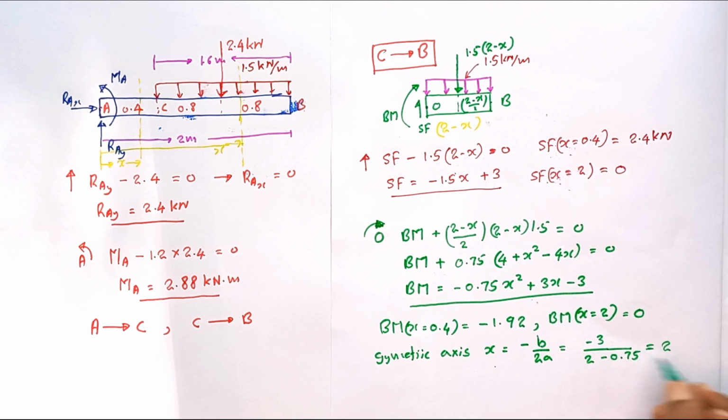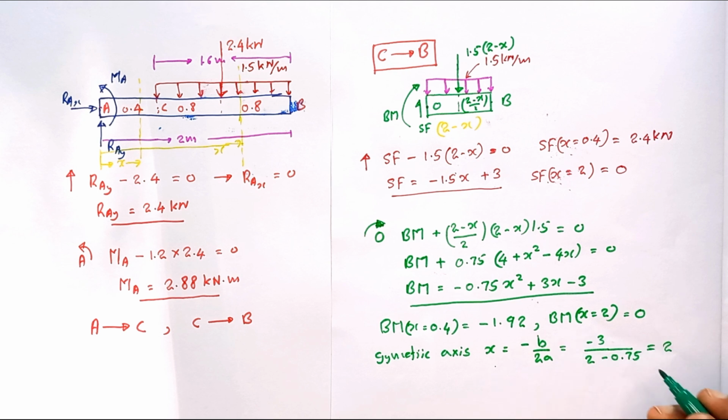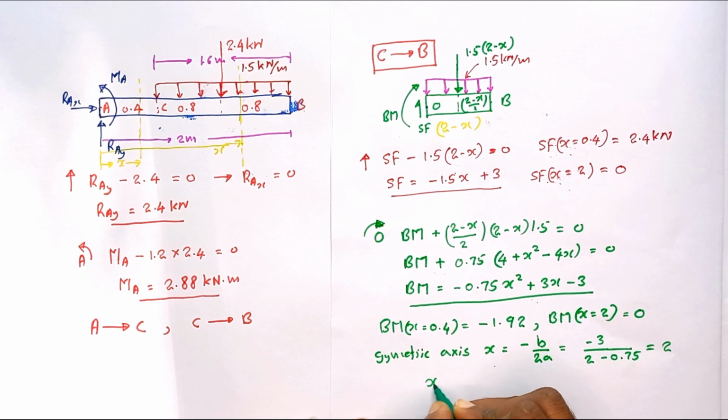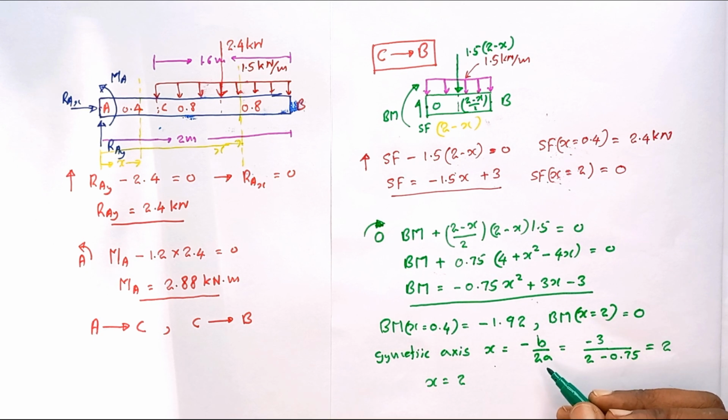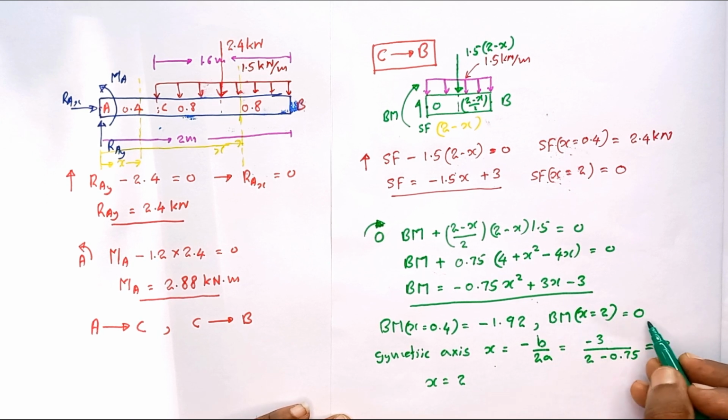That means at x = 2 the parabola has its symmetric axis, and its value becomes maximum. We have already calculated the maximum value, that is equal to 0.